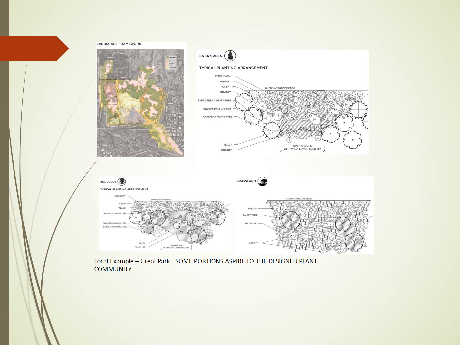The plants in each category are categorized using the term primary for the foreground smaller plants and the ground cover plants, secondary for medium-sized shrubs and flowering shrubs playing a supporting role, and accents for larger shrubs and small groupings between the trees. The Great Park typologies also allow for an additional wildflower meadow seed mix or a coastal sage scrub seed mix in large open areas reserved for that purpose.